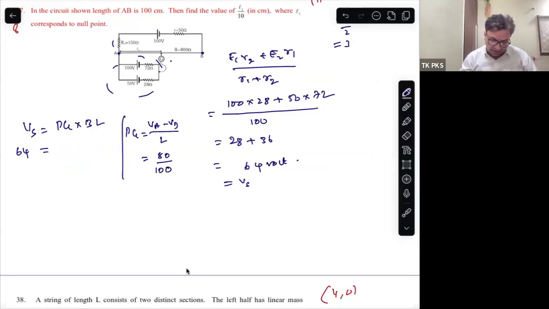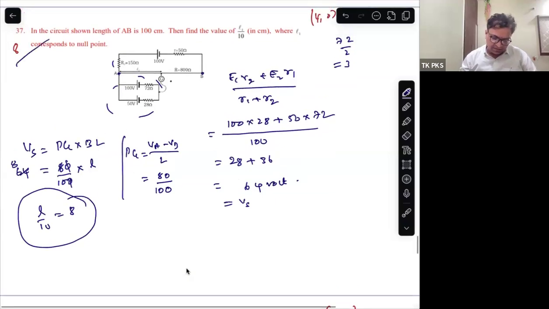Length of the wire 100. 80 by 100 into L. 8 is 64. So L by 10 is 8. I got the same. Only thing you need to remember is the part. An easy question.